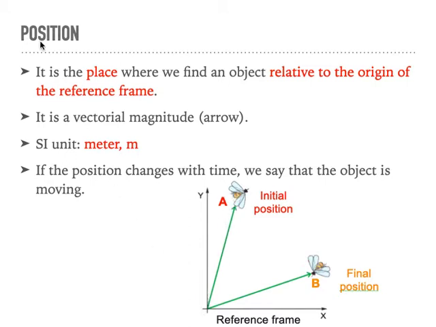The unit for position is meters, because it's a distance, and m for meters, you know that. And if the position changes in time, that's how we know that something is moving. If, for example, you start here and you end up here, then something has happened. What has happened? The fly has moved. That's the definition. It seems very obvious now, but it will get more complicated in other courses.